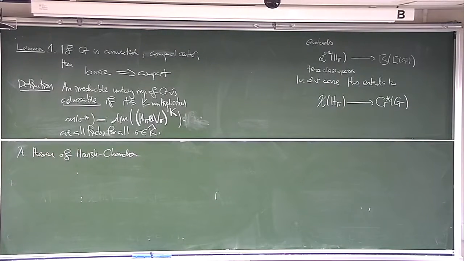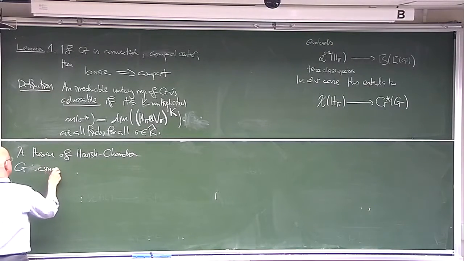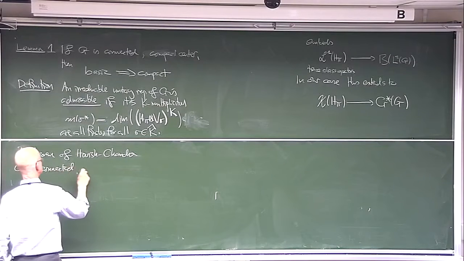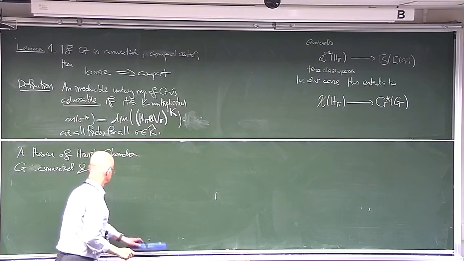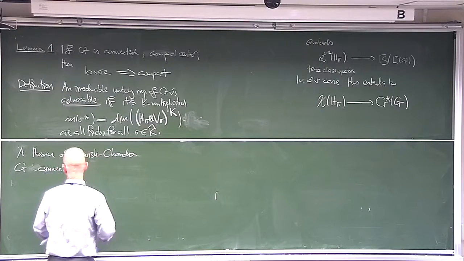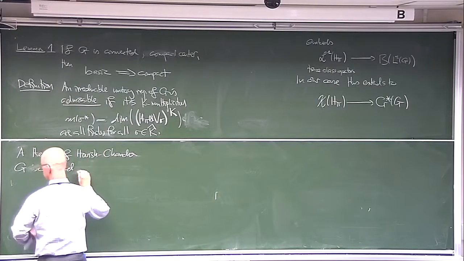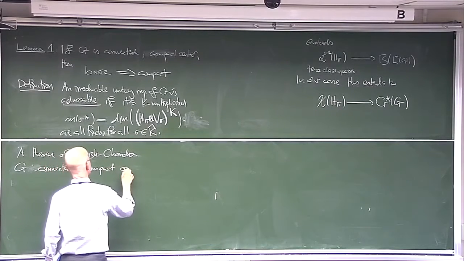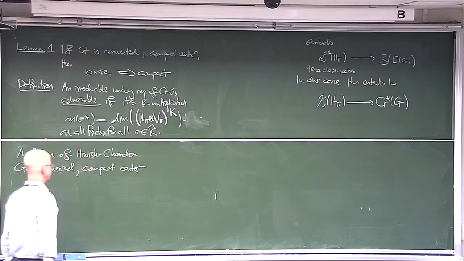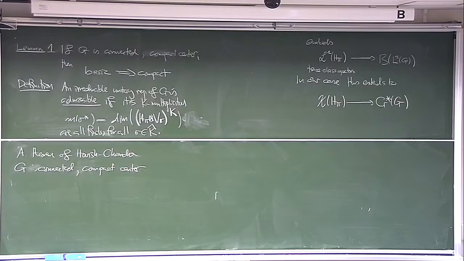So here's the theorem of Harish-Chandra. It applies when G is connected, and that's all you need. Oh, let's continue to talk about compact representations. Make the center of G compact as well.